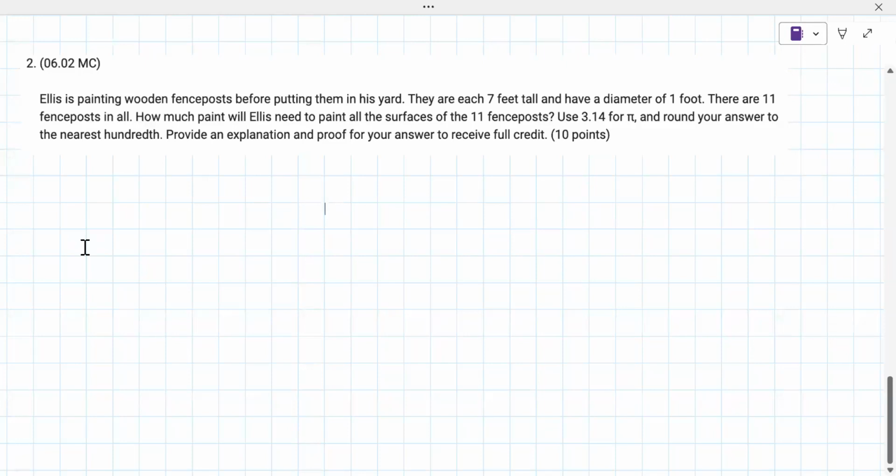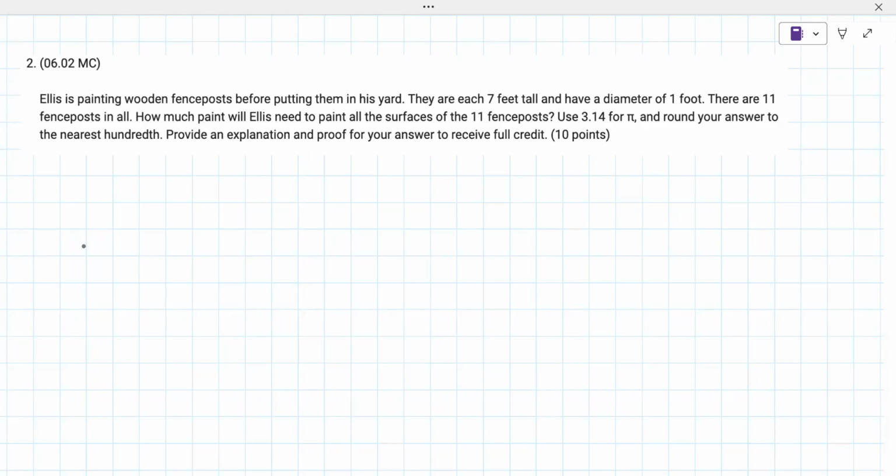All right, so how much paint will he need? They're 7 feet tall and have a diameter of 1 foot.